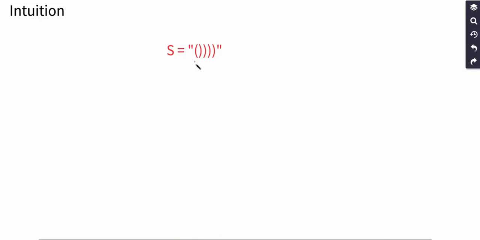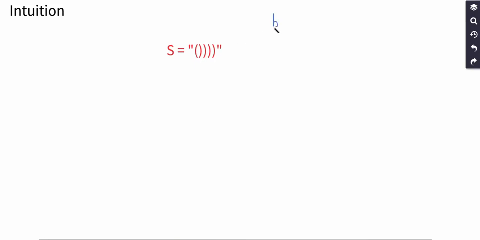If all the prefixes of this string are balanced, and the number of opening brackets and closing brackets are equal in the entire string, then that string is a valid parenthesis string. So we have to balance the opening parenthesis with the closing parenthesis, and every prefix of this string must be balanced.